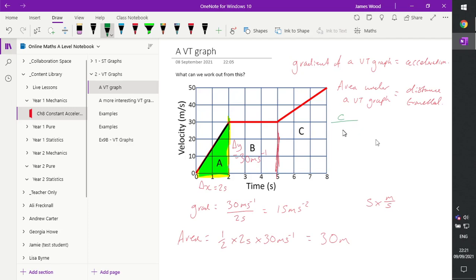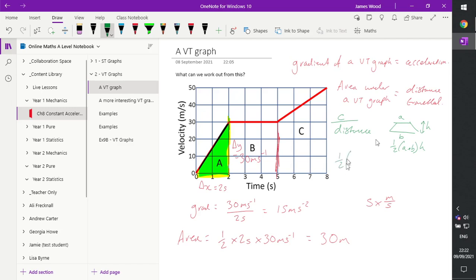Okay, in section C, to find the distance, this shape is a trapezium. For a trapezium normally, if I was finding the area, if I call this side A and this side B, and this the height, it would be half A plus B times H. That's the formula for the area of a trapezium. Now here it is a trapezium, but it's sort of tilted on its side.